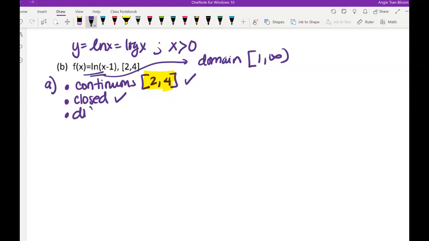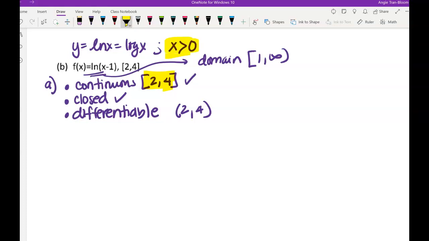Is it going to be differentiable over the open interval 2 to 4? And the answer is yes, because natural log, you can have a nice smooth curve over its domain.